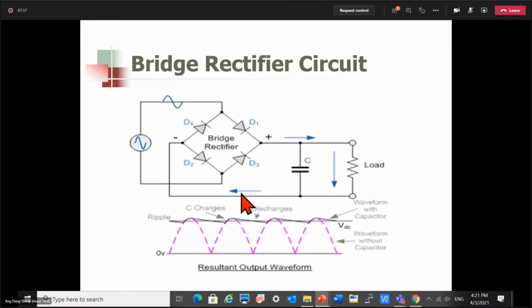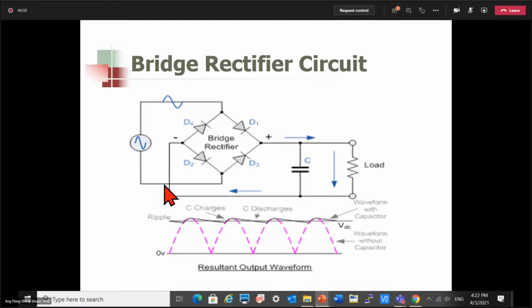Now imagine that you are in the negative cycle of the AC voltage. What happens in the negative cycle? This point in the circuit will have a very negative voltage, so D1 cannot turn on now. On the other hand, this point of the circuit will be at a positive voltage relative to this point, so diode D3 will now turn on, allowing current to flow in the same direction in the circuit.